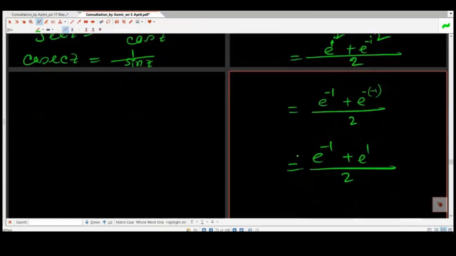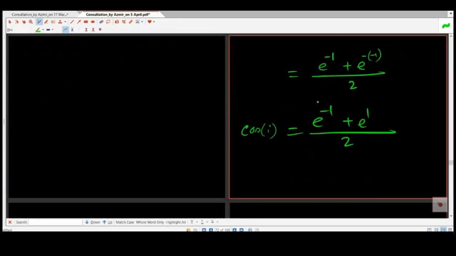So this is cosine of i. We can see that we have only a single value on the right side. So that's why cosine z or sine z or any complex trigonometric function is single valued.